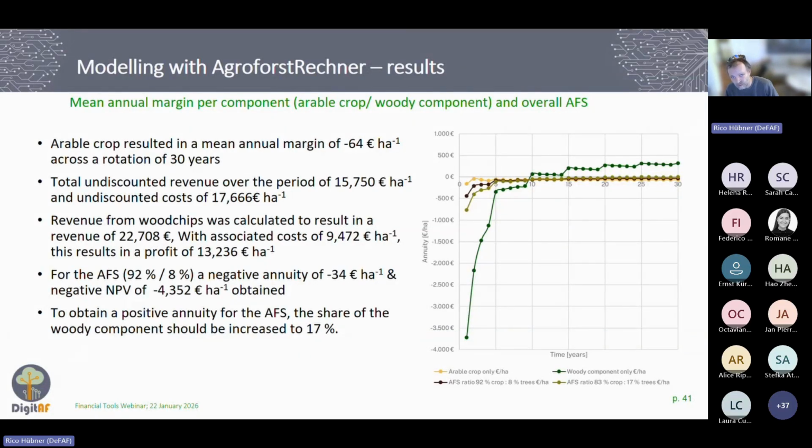in the pure crop, you would make a loss, but please consider the very low yield level, and also there's no additional funding from the agriculture policy, and you would have a positive margin. That means a profit from the woody part.